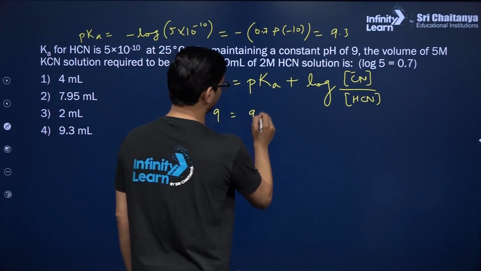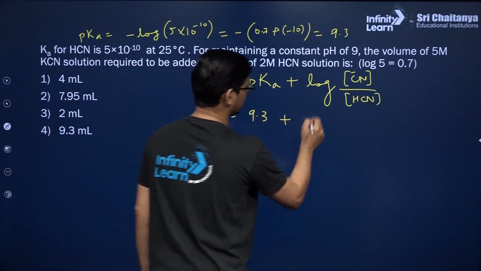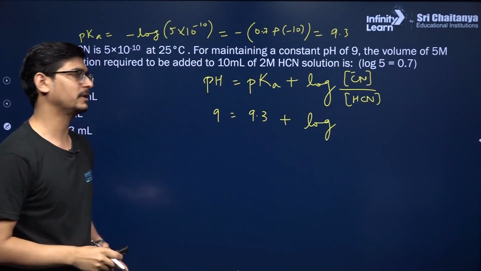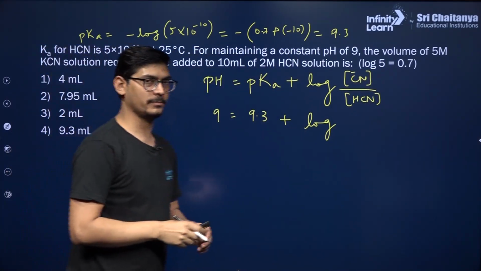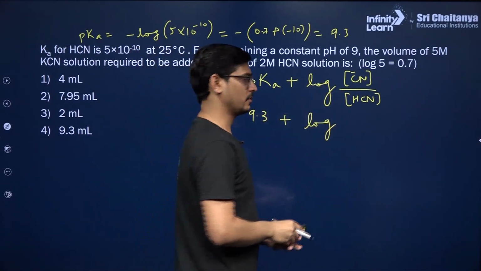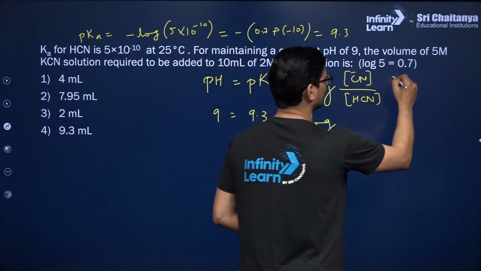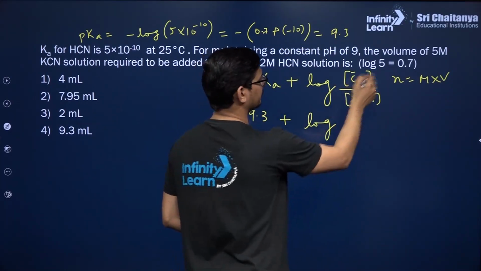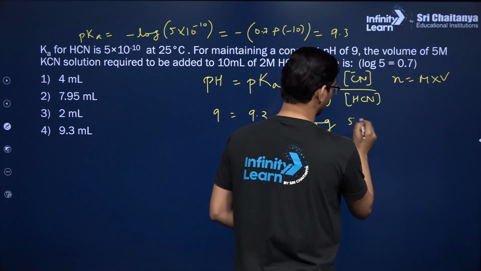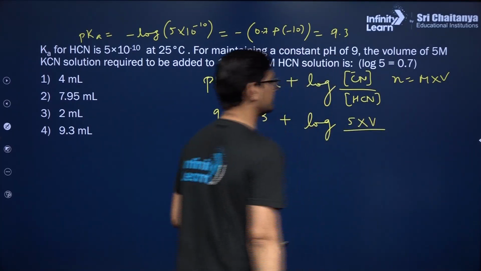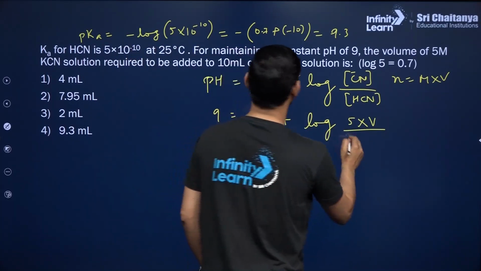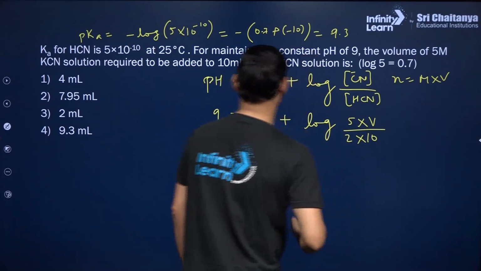So 9 is equal to 9.3 plus log. Now remember, because it's a ratio of concentration, total volume will cancel out. So you just have to remember the number of moles. Now number of moles is molarity multiplied by volume. So molarity of KCN is 5 and let's say its volume required is V, divided by, for HCN the molarity is 2 and volume is 10, right?